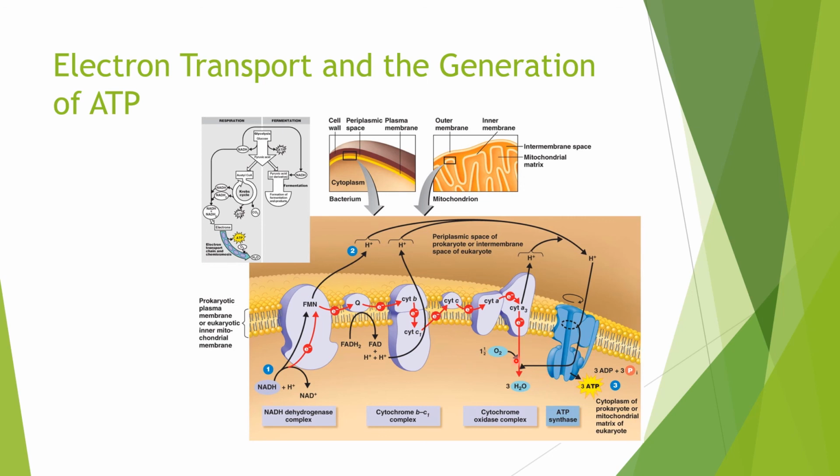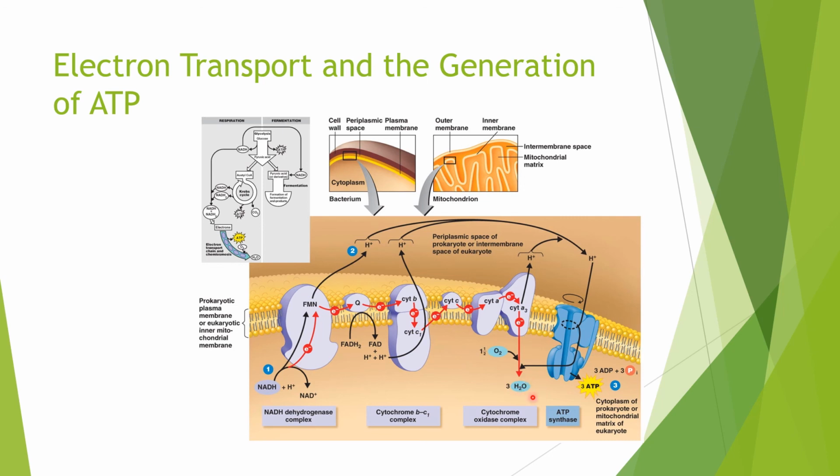In the meantime, there is some oxygen inside of the mitochondria matrix. That oxygen is going to accept some electrons and some hydrogens, and that's how we make water.